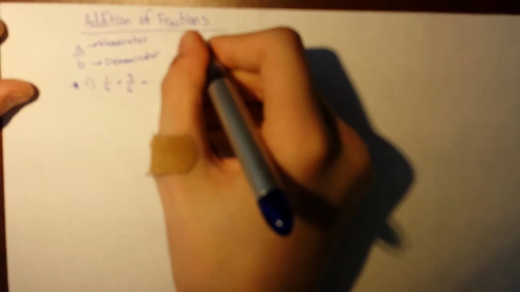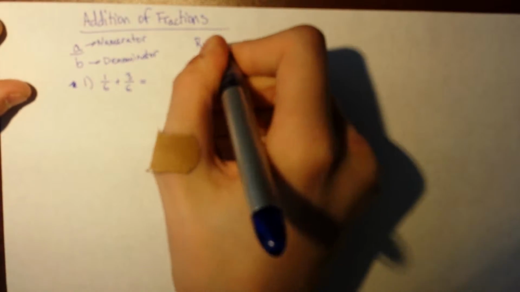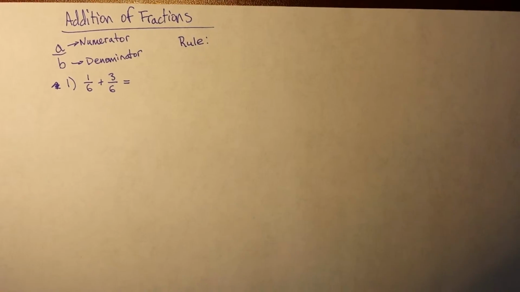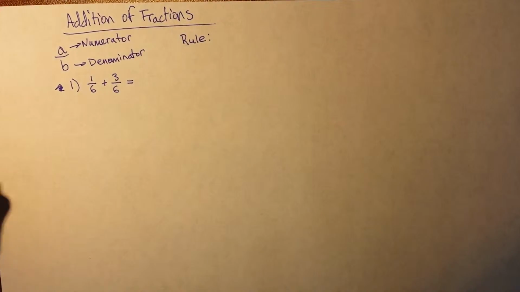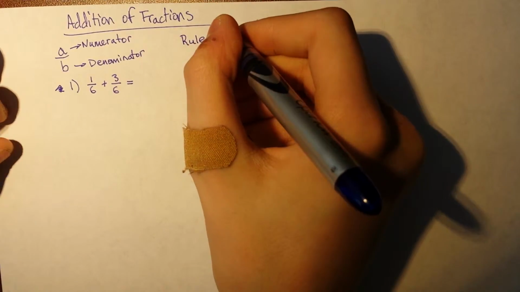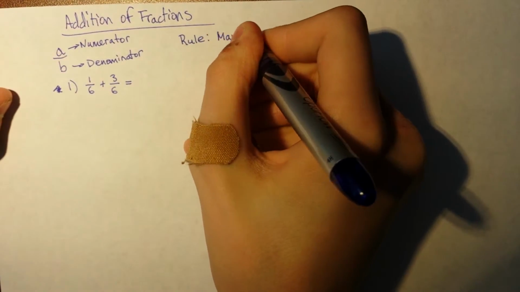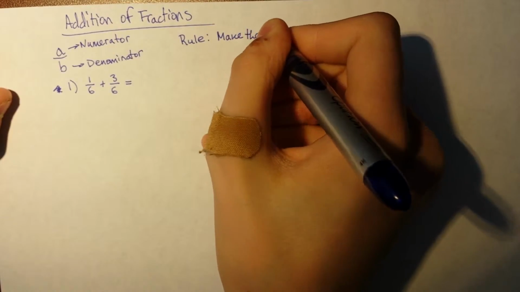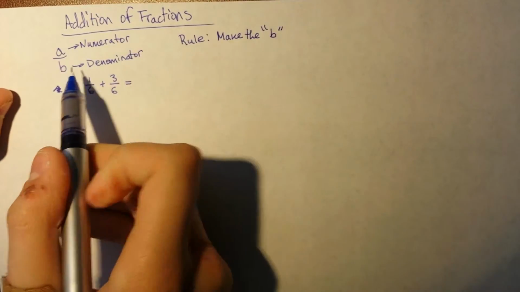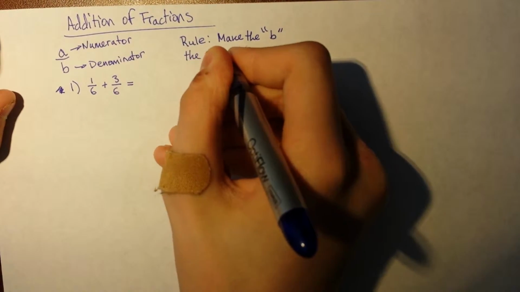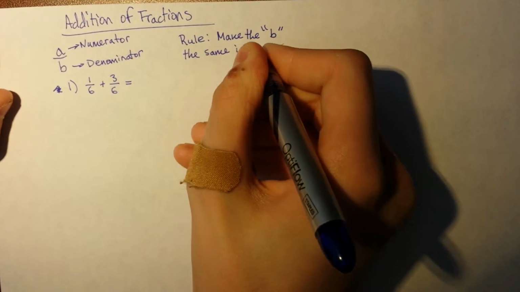And before we do any additions, I would like to tell you the golden rule of adding fractions. And the golden rule is: make the denominator, I'm going to write b, so the denominator, the same in both fractions.